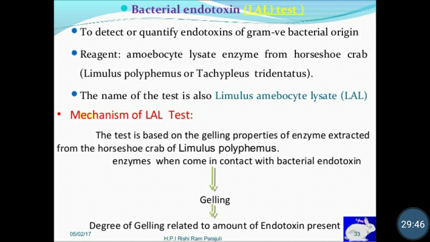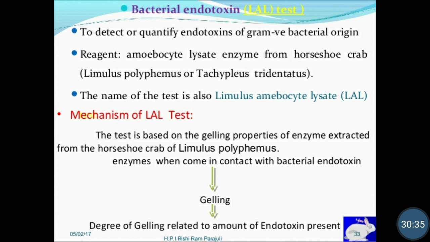These are the type of arthropods, invertebrates, found in the marine water or the brackish water, and that particular amoebocyte lysate enzyme is extracted from the blood cells of the horseshoe crab. That particular enzyme is used as a reagent for doing the LAL test.